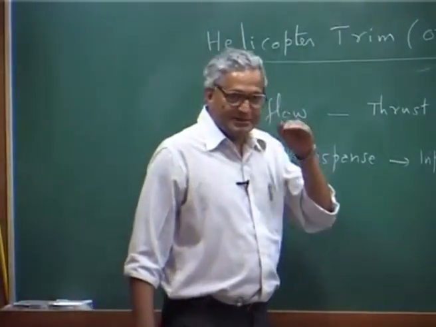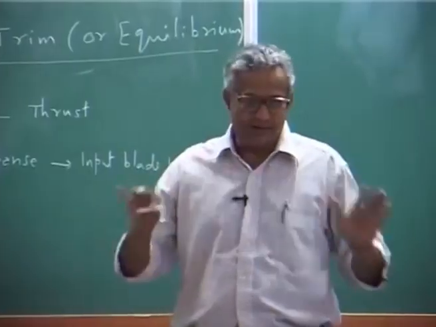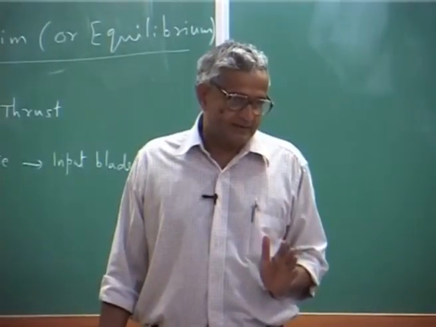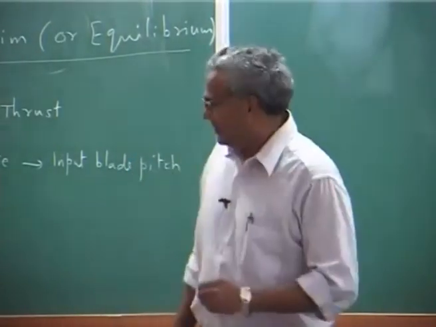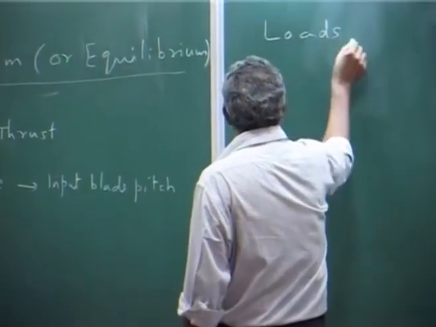Now, if you want to trim the helicopter, that means you must know all the external loads that act on the helicopter. You will have, in terms of loads, several components.